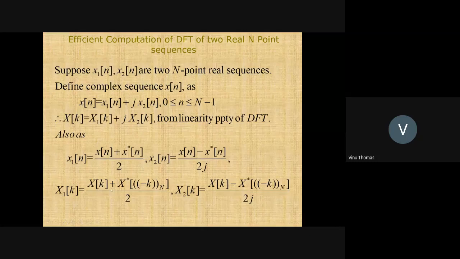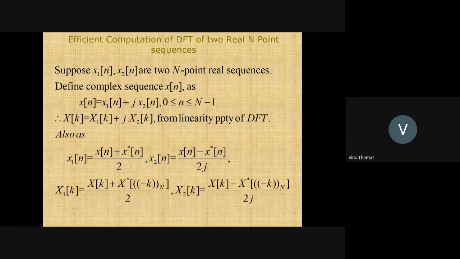So you require n complex additions, and for this also you will require n complex additions. In total, you will require n log n to the base 2 plus n plus n, that is 2n plus n log n to the base 2 complex additions.